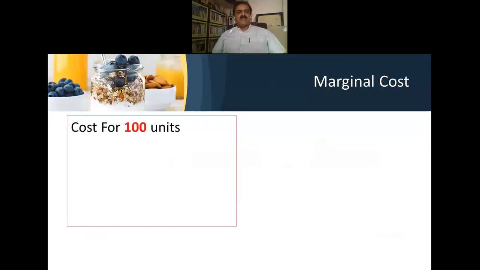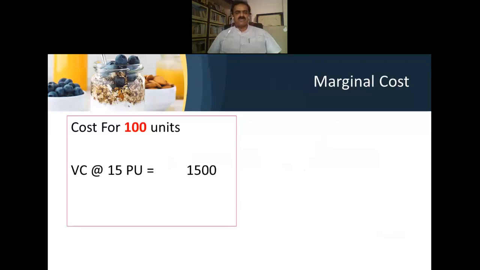Take for example, in order to manufacture 100 units of output in an industry, you may incur 15 rupees per unit. That comes to 1500 rupees for 100 units.